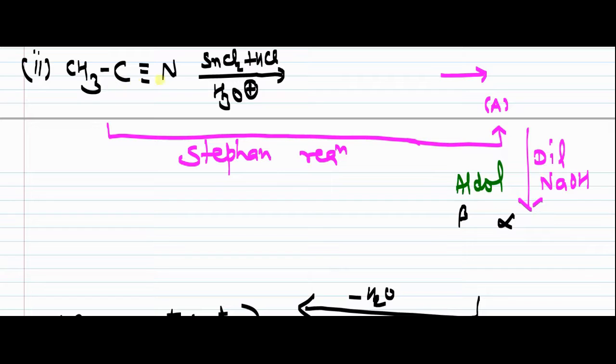Acetonitrile, CH3CN, in the presence of SnCl2, stannous chloride, and hydrochloric acid forms imine. It means one pi bond converts into 2 sigma bonds, resulting in imine.